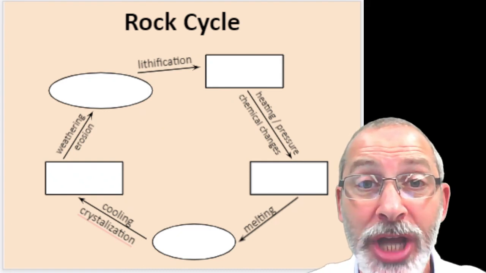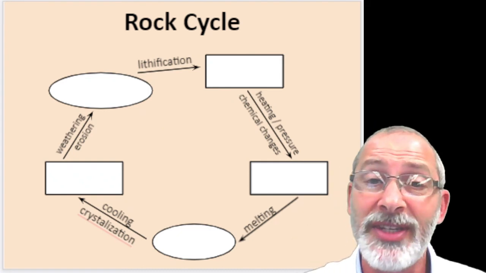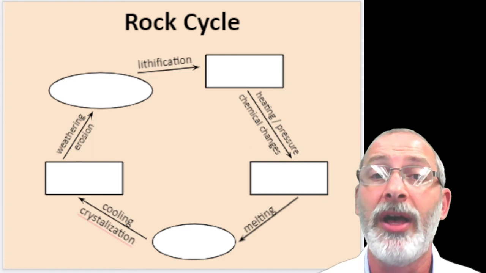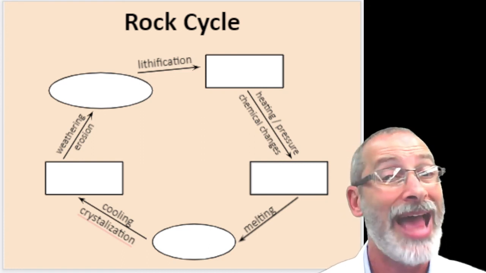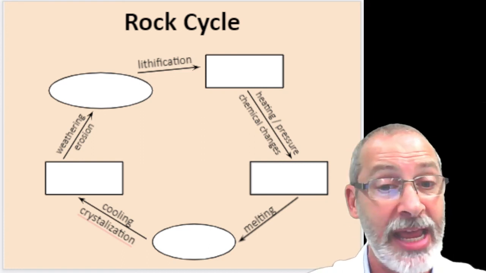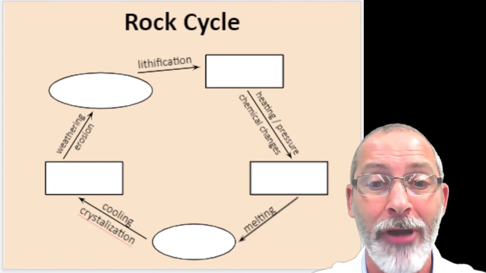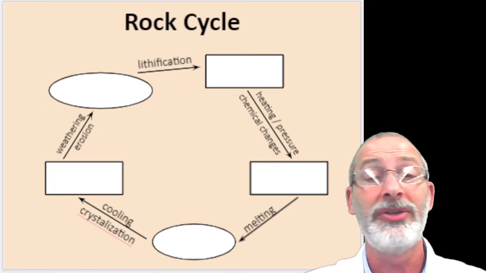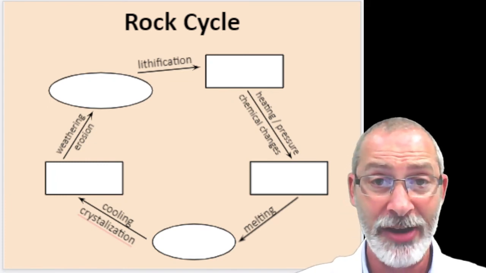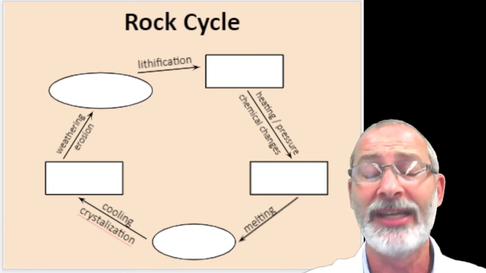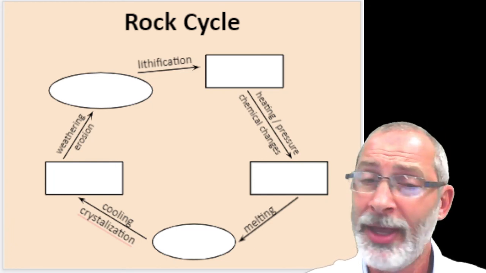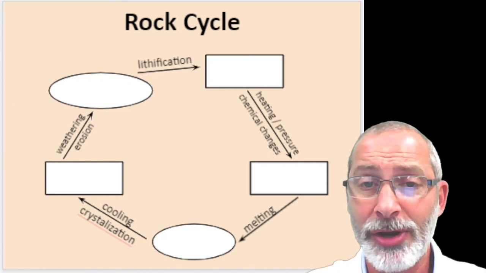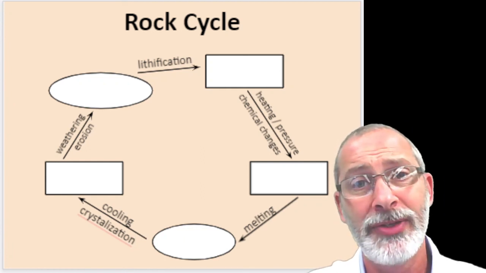So I would challenge you to study the diagram of the rock cycle. It will help you understand what is happening as nature takes one type of rock group and goes into another type of rock group by the various processes that continuously happen every day here on our lovely planet Earth.